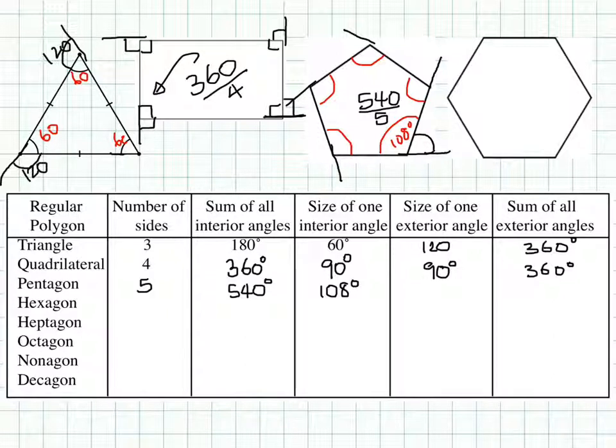So since that's a straight line, all I need to do is subtract 108 from 180, and that gives me 72. So it tells me that all of my external angles are 72 degrees. Okay, let's put that 72 degrees in my table. External angle is 72 degrees.